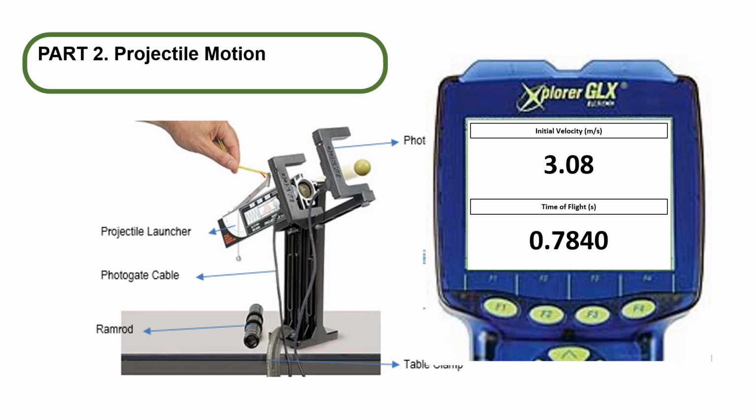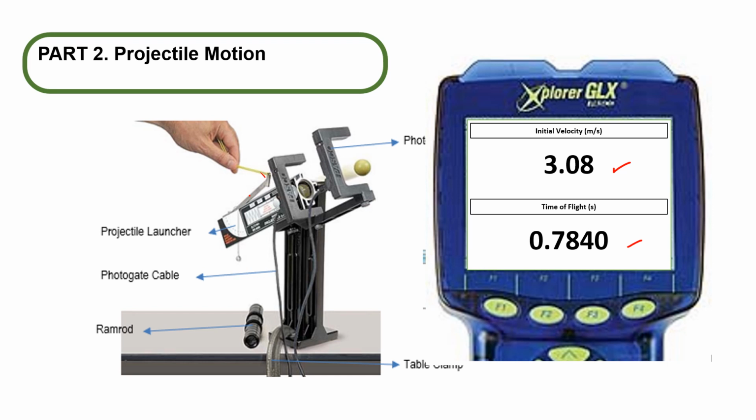Once the plastic ball lands on the time of flight accessory, the Explorer GLX will record the initial velocity of the plastic ball and also its time of flight. From this data, we make sure that the initial velocity is 3.08 meters per second, and the time for the plastic ball to land on the time of flight accessory is 0.7840 seconds.